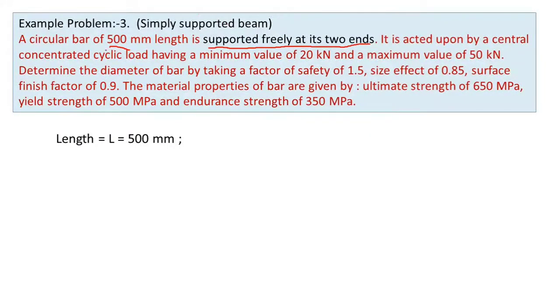So here a central load, a load of 20 kilonewtons and 50 kilonewtons are acting at the center point, having a minimum value of, this one is the minimum load, this one is the maximum load. Determine the suitable diameter of the bar.